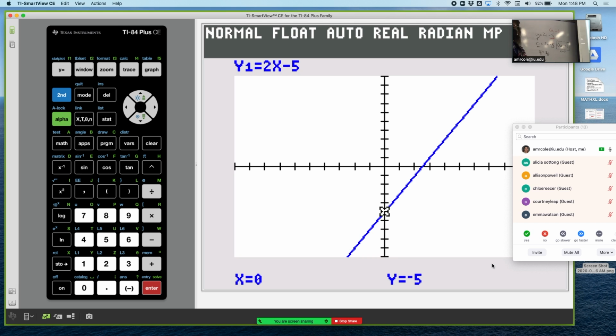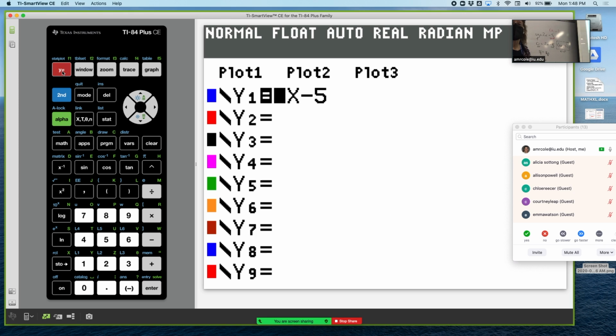All right, now let's do a little bit more with this. Let's go to the y equals. And let's do another shape that at this point you should know. If I did something like y equals parentheses x minus 4 squared plus 5.